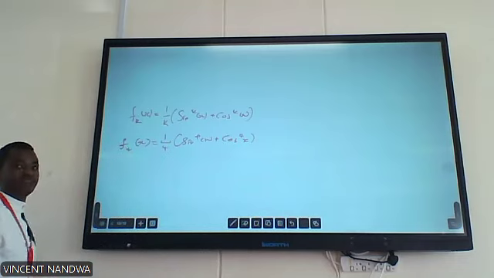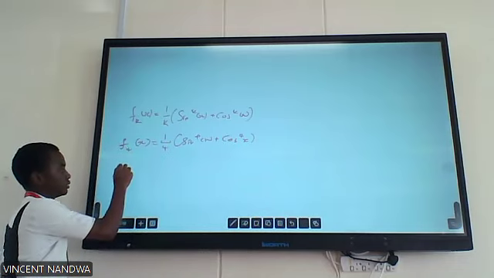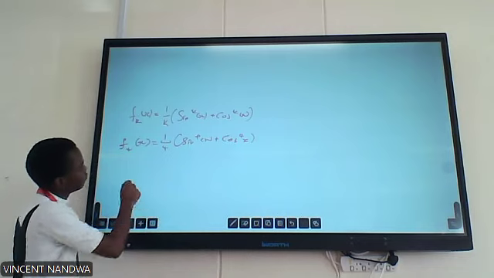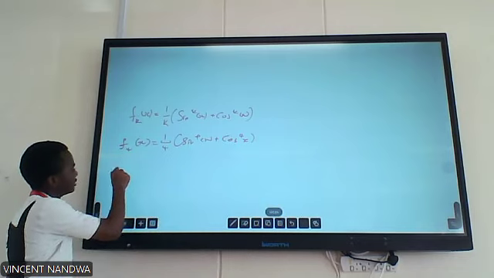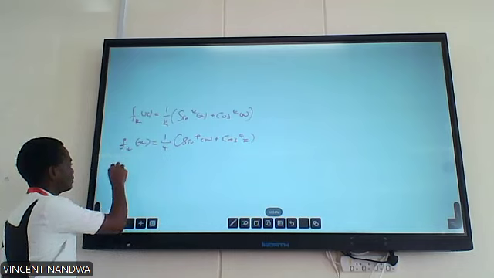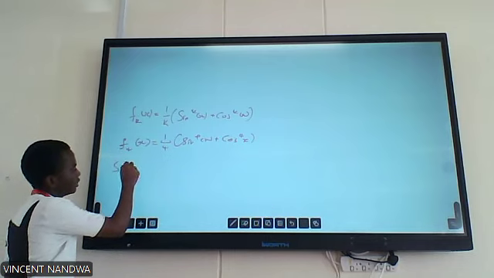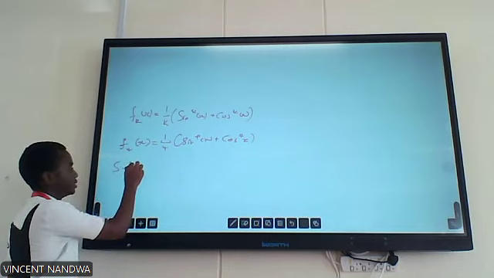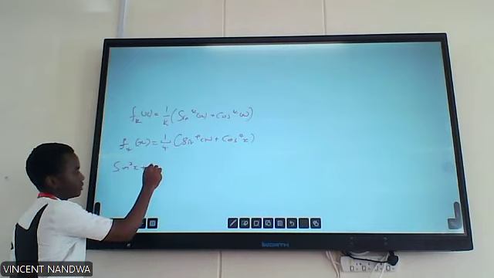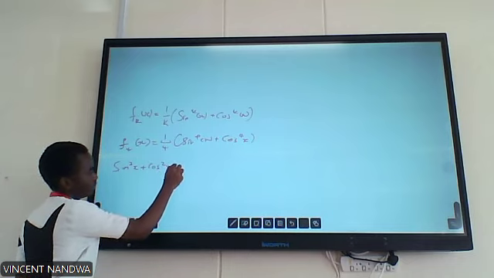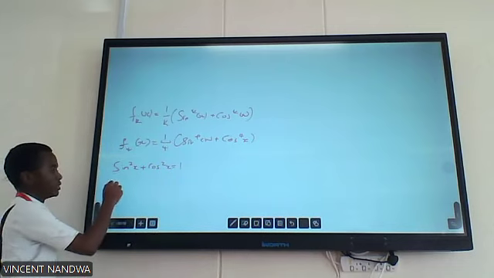So let's start by simplifying this. Let's start with sine squared x plus cos squared x equals 1. Square both sides.